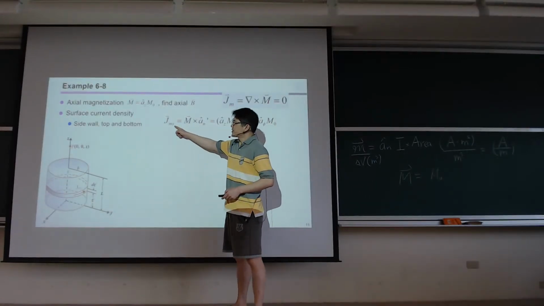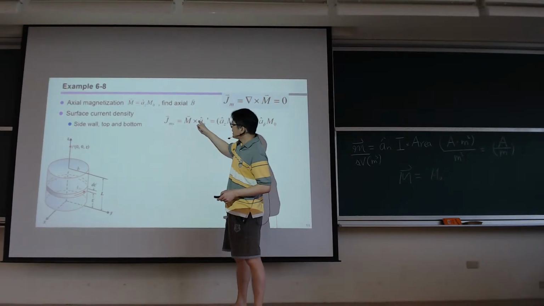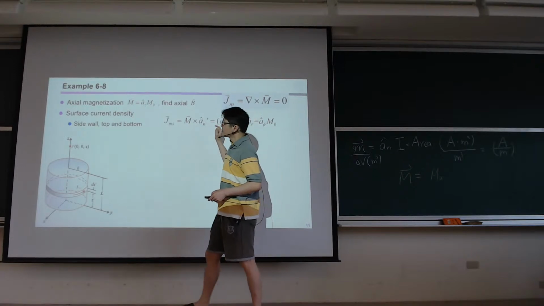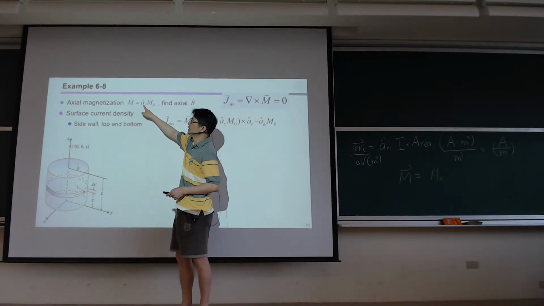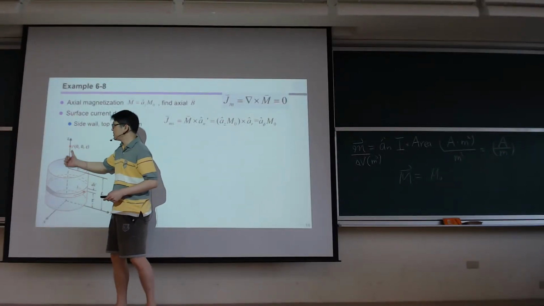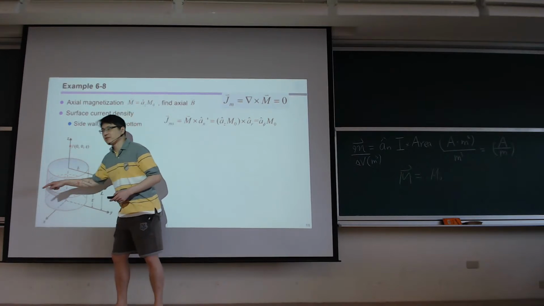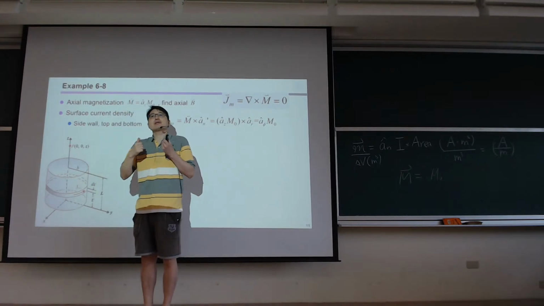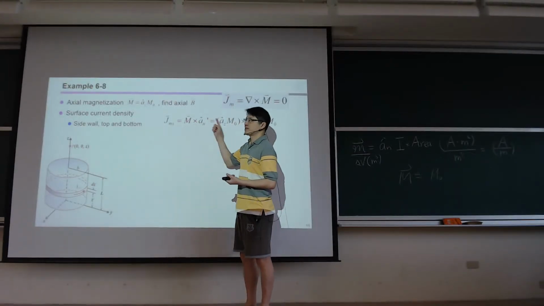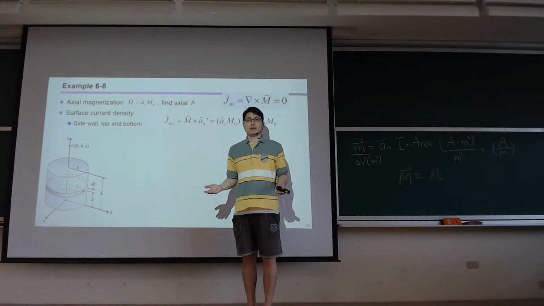Eventually, the surface magnetization current density is making the cross product with the surface normal. So in this case, M is aligned in the Z direction, right? So your M is in the Z direction, but your top surface normal and bottom surface normal both are also in the Z direction. So Z cross Z is equal to 0.